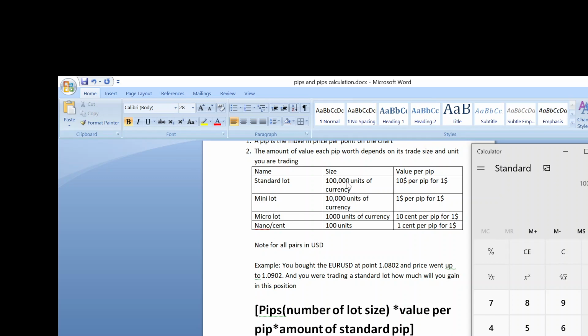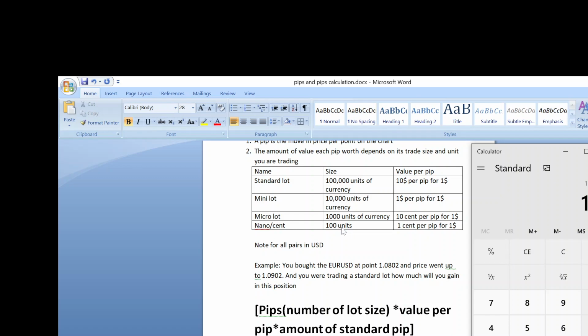Let's assume we bought the euro USD at 1.080 and price went up to this, that is pips, which is 100 according to the calculation we've done earlier, times value per pip. Let's assume we are still using $1, times 1 times 100 for a cent account, so we are getting 10,000.